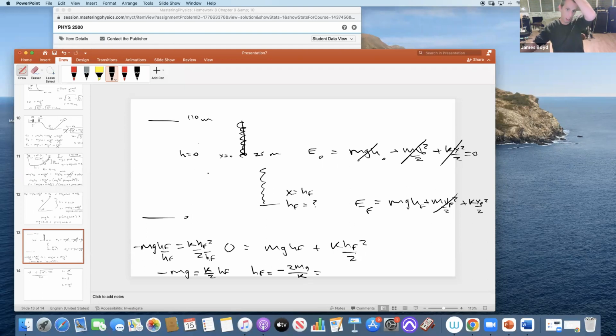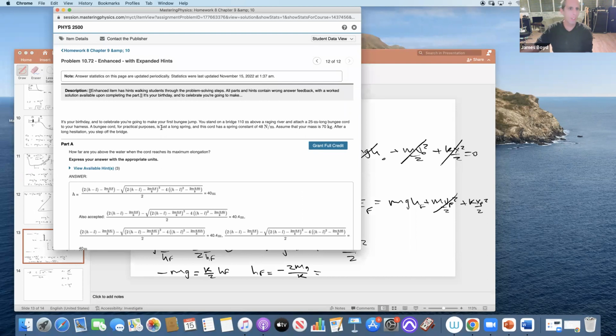And that's good because it should be negative. This is 0, so h final should be some negative number. 2 mg, what was our mass? 70 kilograms. We're going to assume that's the mass of everything, massless rope. 2 times 70 times 9.8 divided by k, and k is 48.